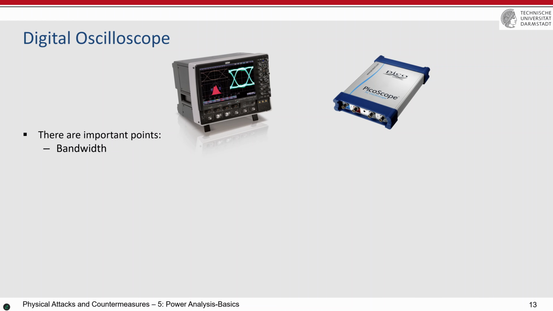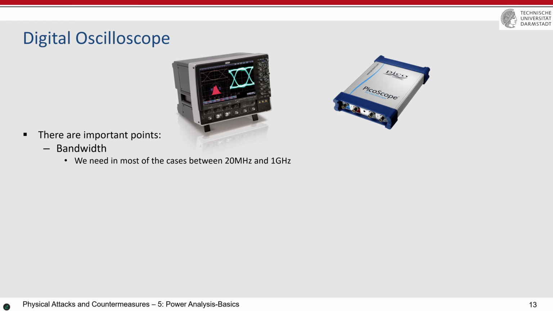If the signal has higher frequency components, then the oscilloscope, for example, is able to measure at most 300 megahertz. This bandwidth is not related to the clock frequency. Again, this is a bit of electrical engineering. This is the bandwidth of the signal, how fast the signal actually changes, the power consumption signal that you want to measure.